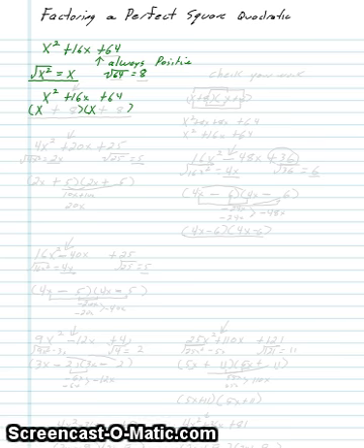The last term will be what we got when we took the square root of the last term up here. The square root of 64 is 8. The sign is the sign of the middle term. Both parentheses have the same sign.